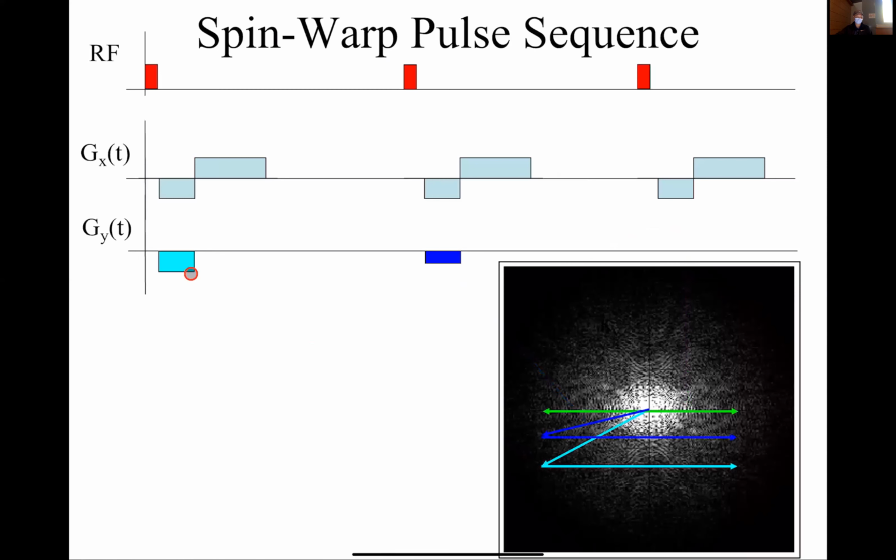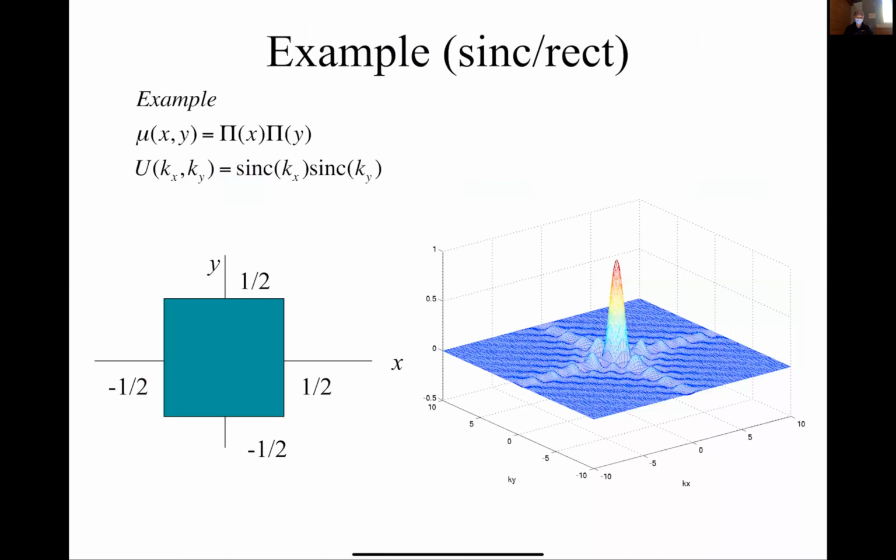The only thing varying between these is the size of this initial GY gradient. This one moves us out here in KY. This one didn't move us out as far, so we just moved to here. And this one had no gradient applied, so we stayed on the KY equals 0 axis. We just went this way and then this way. And we repeat that process over and over again.